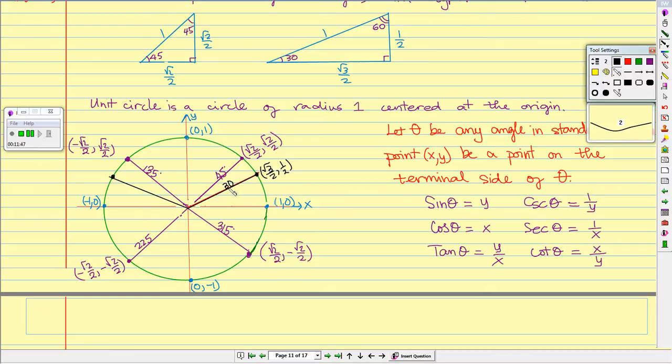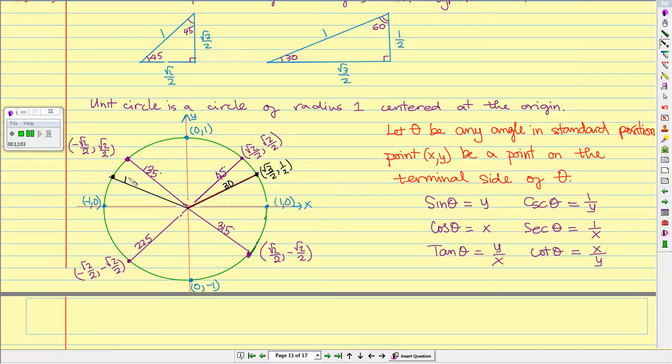This is a multiple of 30: 30, then 60, 90, 120, so this will be 150. Since we reflect across the y-axis, your x value will be negative: negative square root of 3 over 2, and then 1/2.